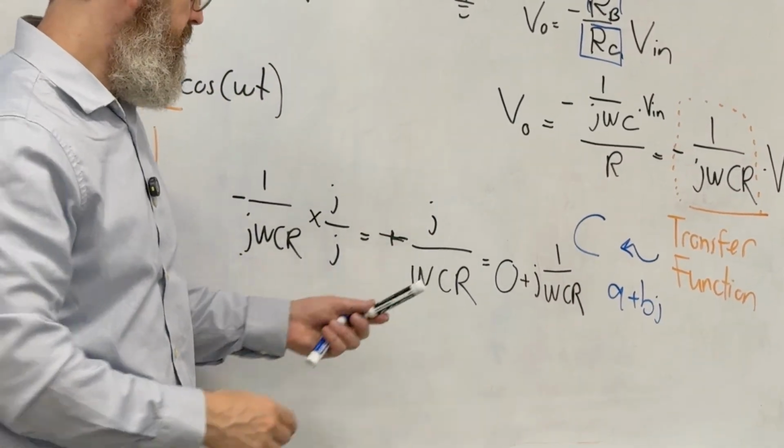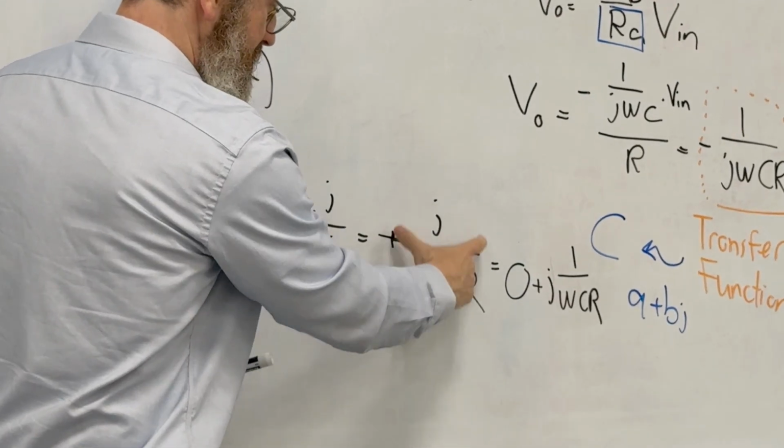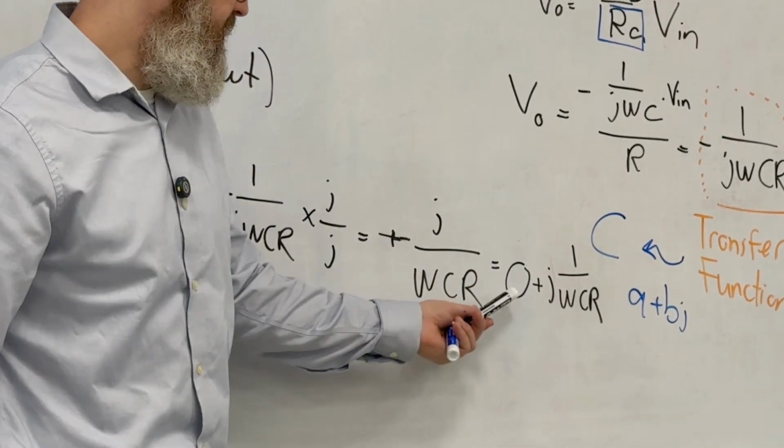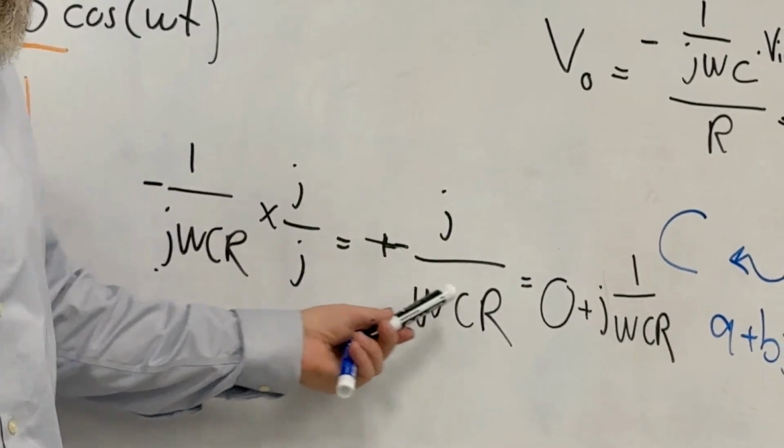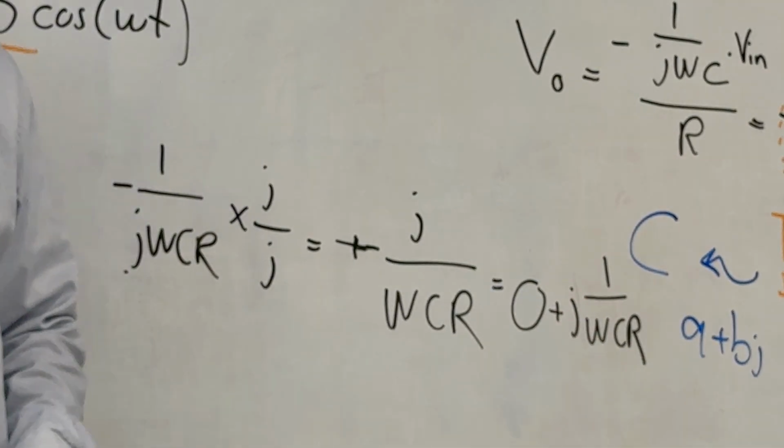If it wasn't already obvious, right, that once we have this, we have no A, there's no real component, and we have an imaginary component that's 1 over WCR.